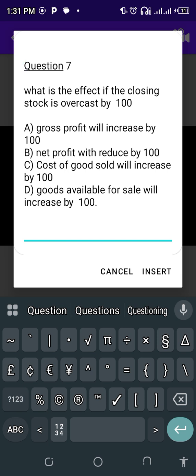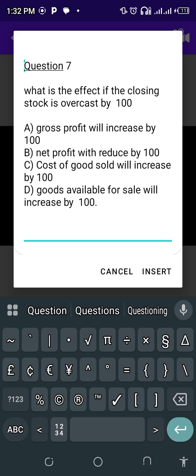So let us analyze it. Now, when closing stock is overcast by 100, that will reduce the cost of goods sold by 100.